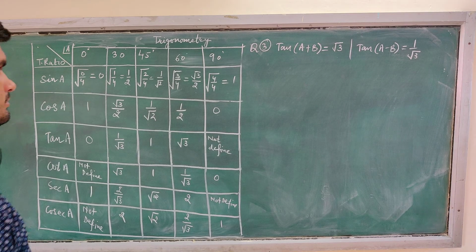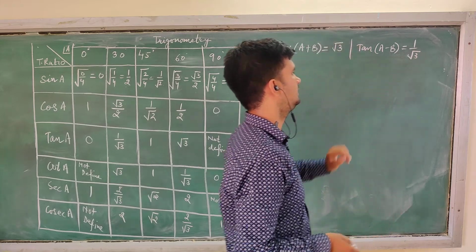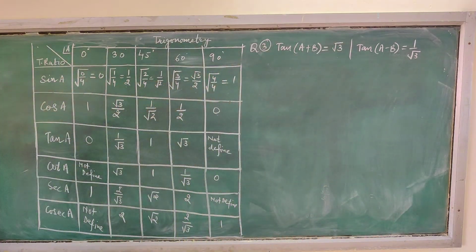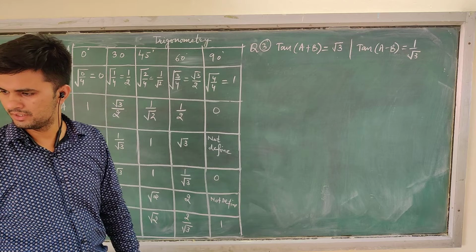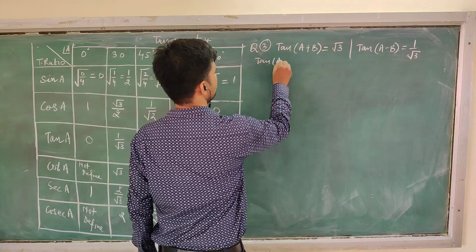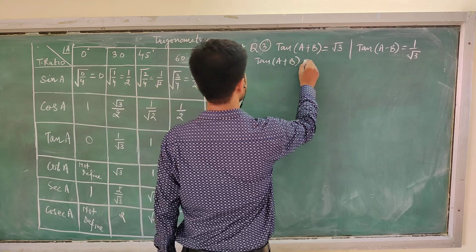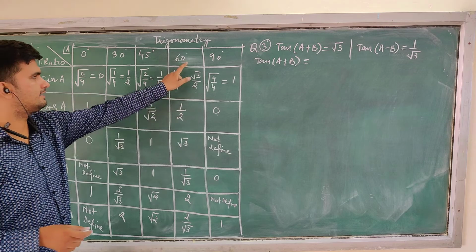Now in question number 3, tan(a plus b) is equal to root 3 and tan(a minus b) is equal to 1 by root 3. It is given that a plus b is greater than 0 and less than or equal to 90. One more thing is given, angle A is greater than B. Find A and B. Now see here, tan(A plus B). Now see in this trigonometric table, tan is root 3 at 60 degree.